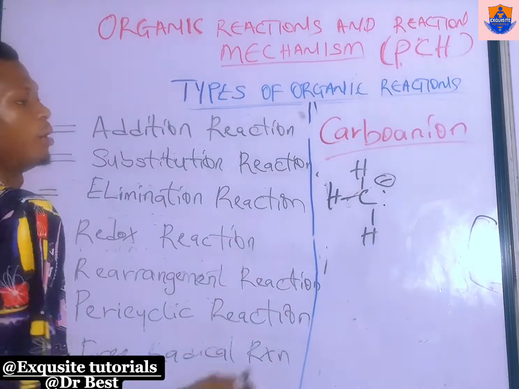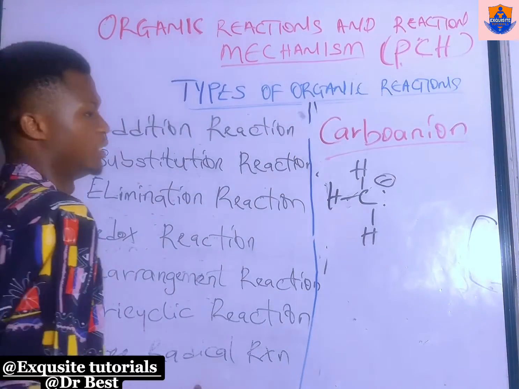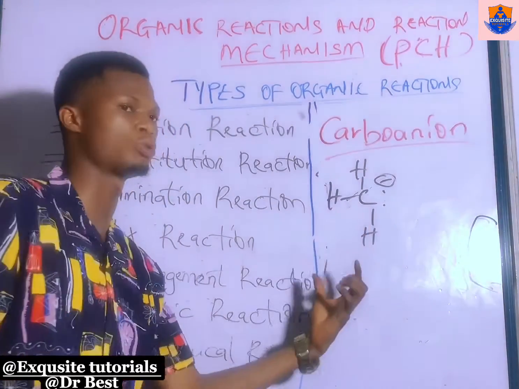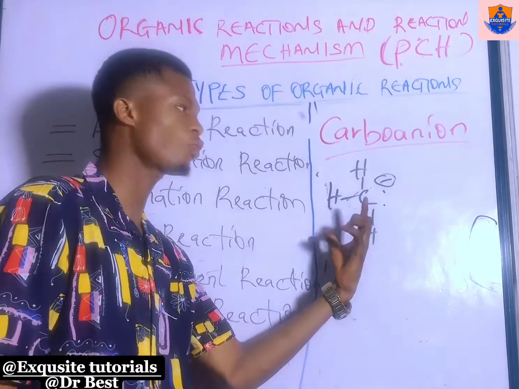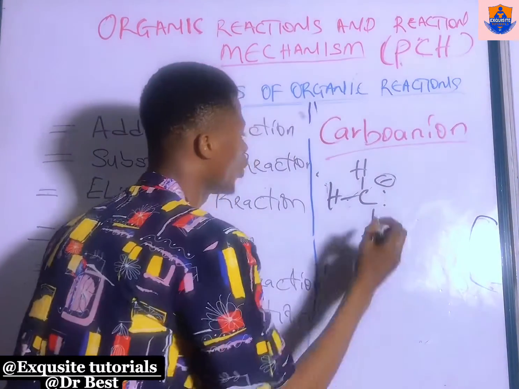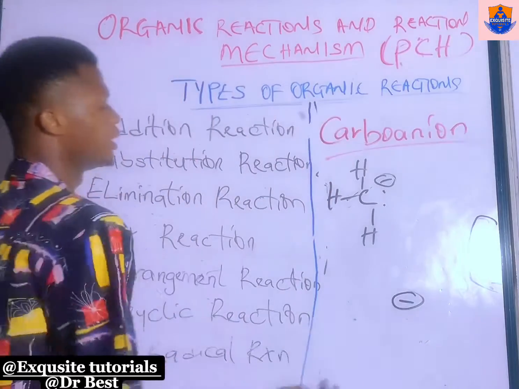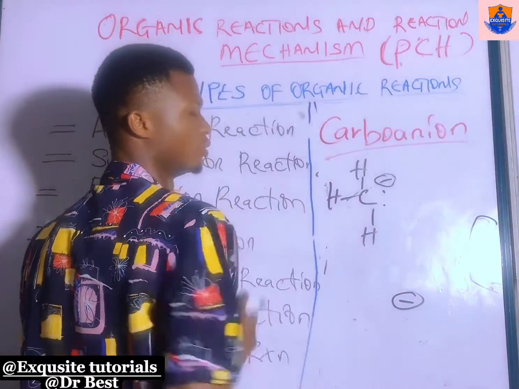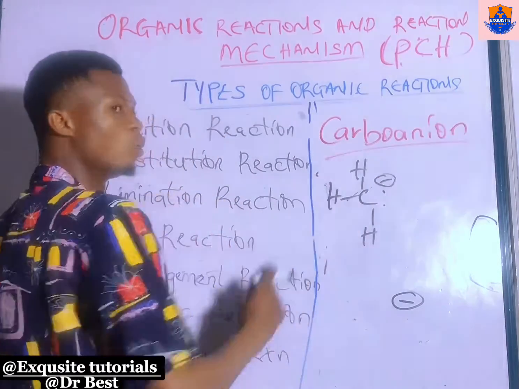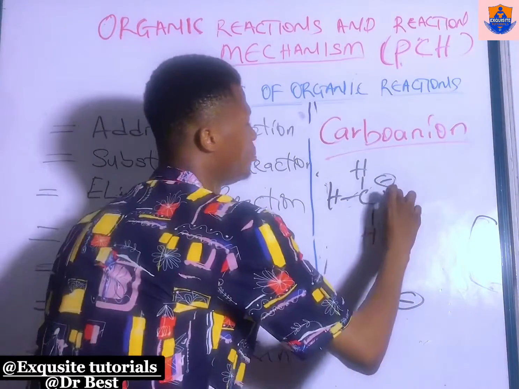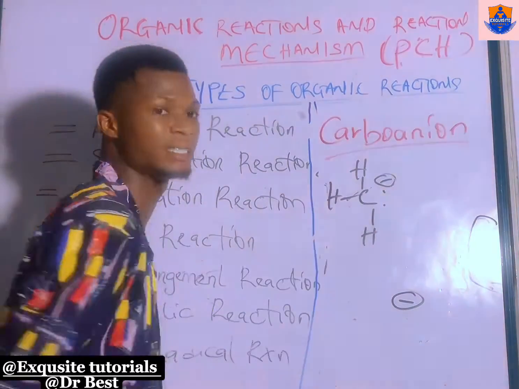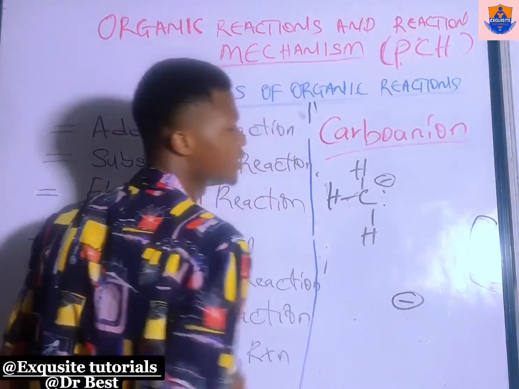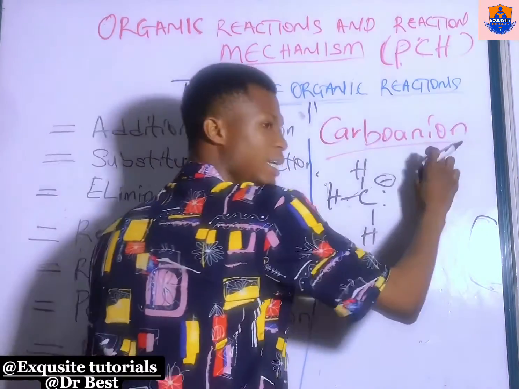This is a carbanion. Now let me show you the difference. Remember I told you that carbon is supposed to form 4 bonds, right? And each bond represents 2 electrons. Now you're having 2 electrons, 2 electrons, 2 electrons. This is a lone pair, right? This lone pair means that carbon has excess electrons. So this center will be negatively charged and is regarded as a carbanion.